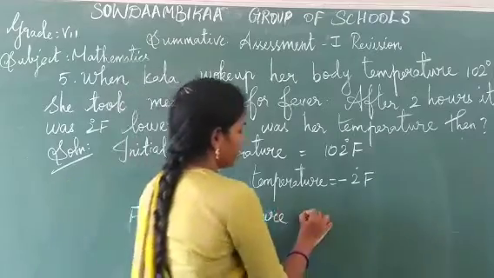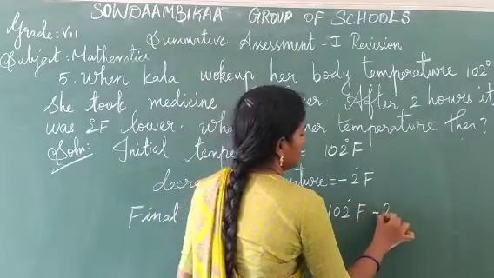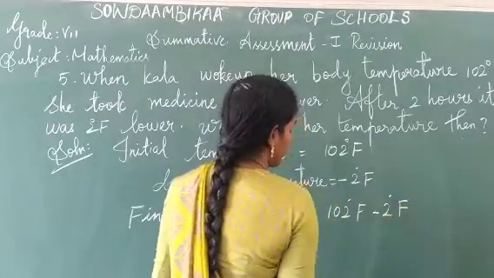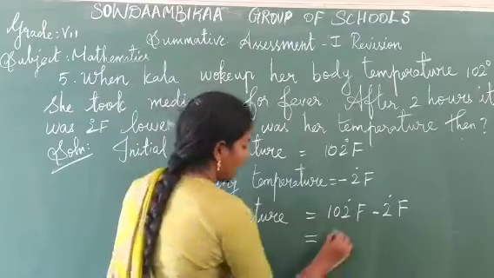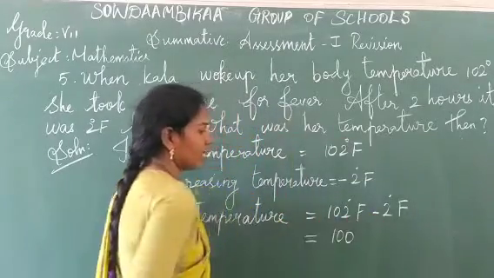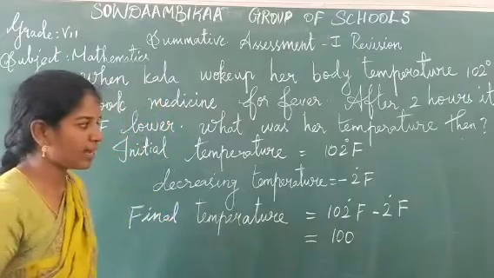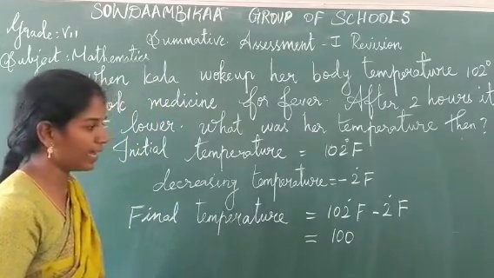How do you find that final temperature? 102 degree Fahrenheit minus 2 degree Fahrenheit. 102 minus 2 comes 100. One integer is positive, another integer is negative, so we subtract those integers and get the answer.